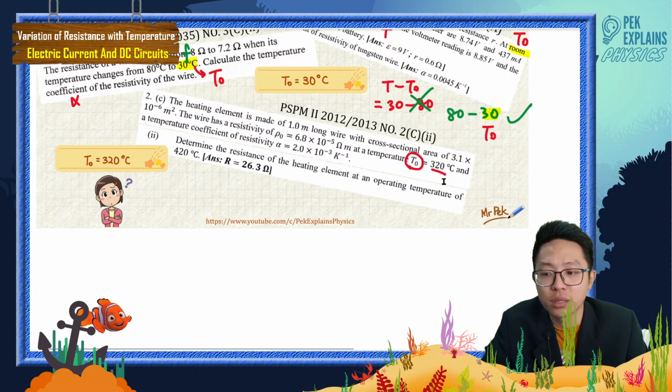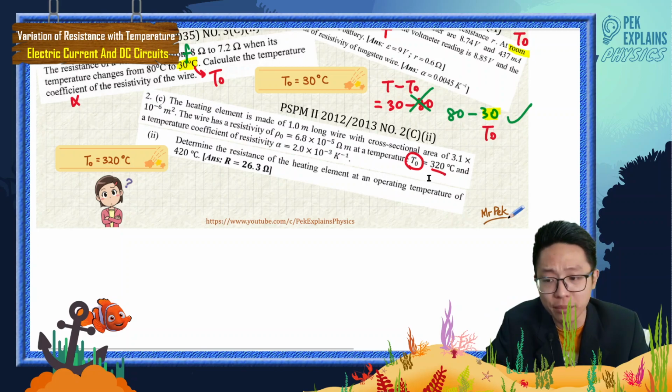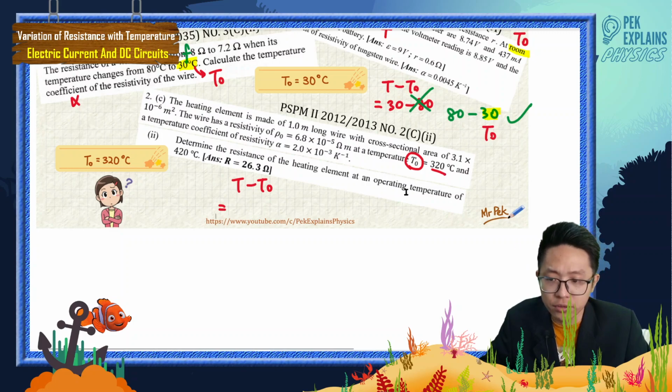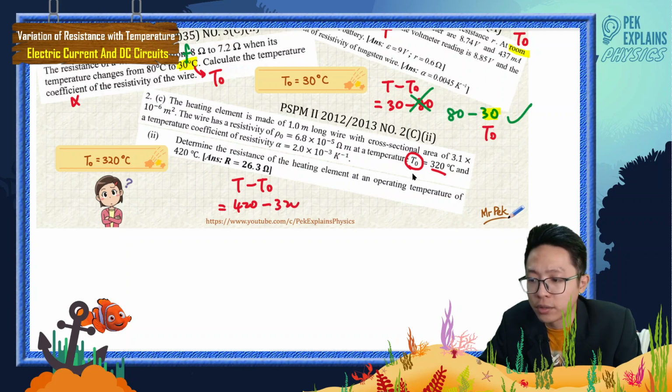He already took 320 degrees Celsius as the reference temperature. So we just take this as T naught. No brainer. So the answer should be T minus T naught, so we just use 420 minus the T naught, 320.